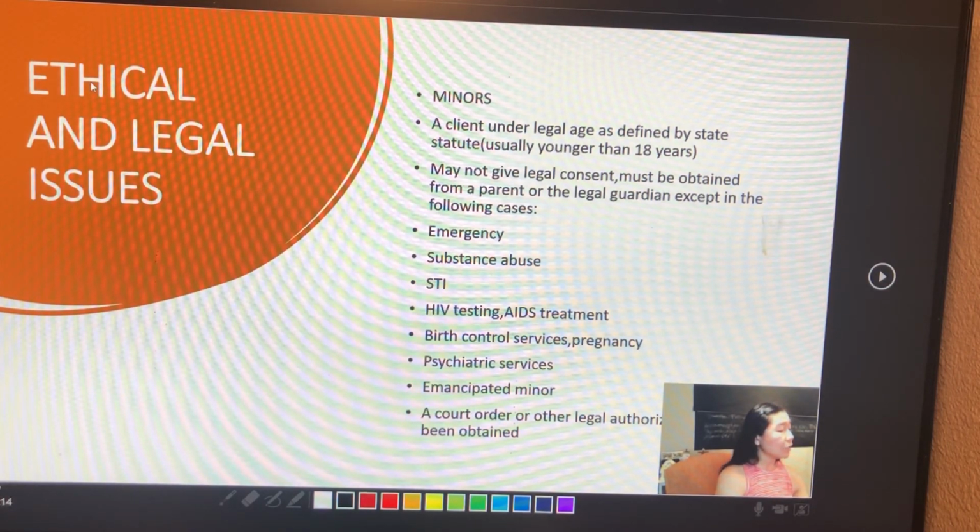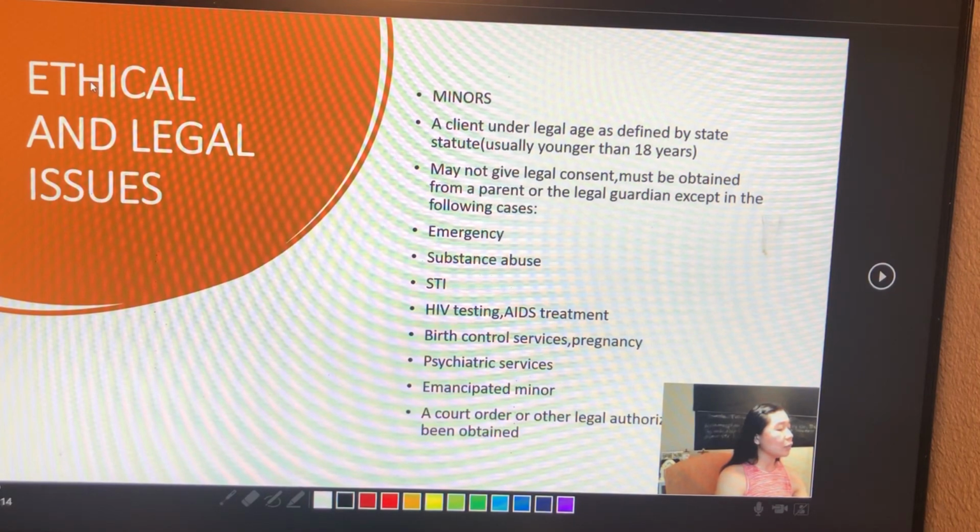In an emergency, in situations in which the consent of the minor is sufficient, including treatment related to substance abuse, treatment of a sexually transmitted infection, human immunodeficiency virus testing, and acquired immunodeficiency syndrome treatment, birth control services, pregnancy, or psychiatric services.